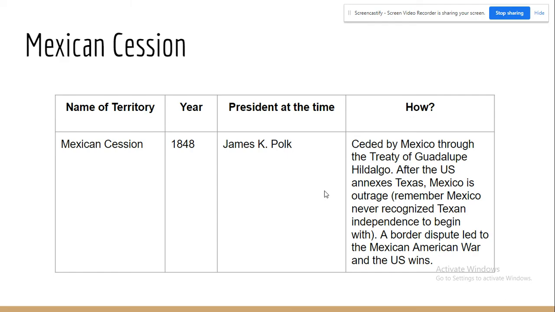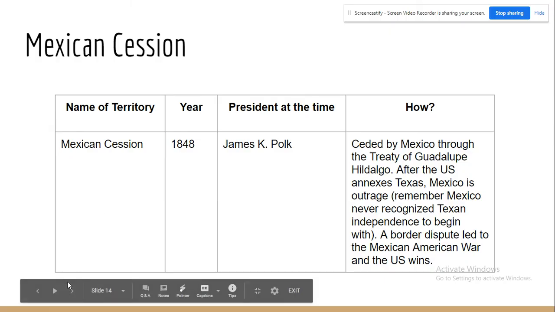And the Mexican-American War is won by the United States, and we established the Rio Grande as the border between the United States and Mexico. And Mexico is going to give us the rest of that area right there in the Southwest that we have called the Mexican Cession. And when we sign the Treaty of Guadalupe Hidalgo, we're at the point where manifest destiny is almost finally achieved.